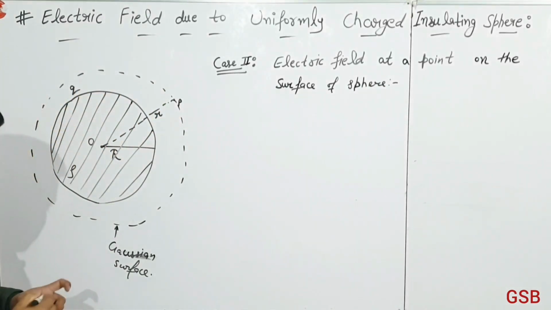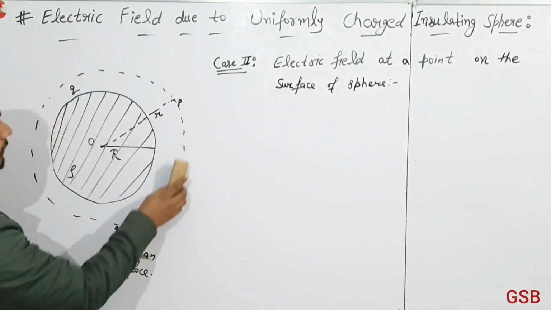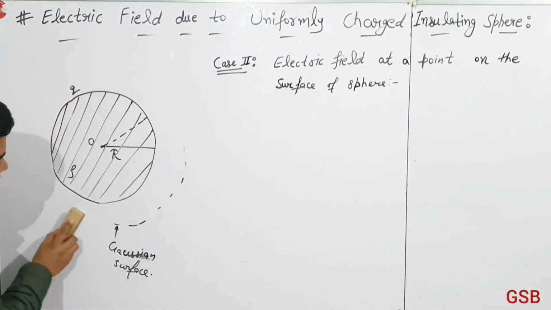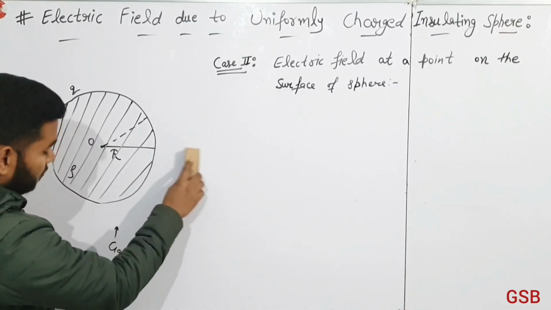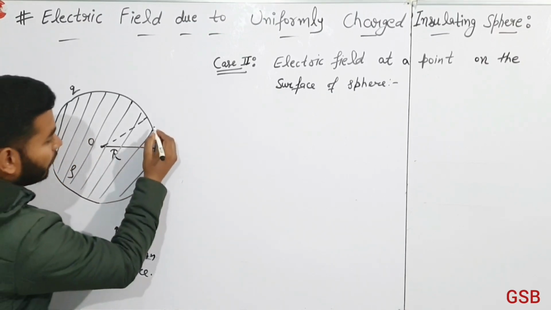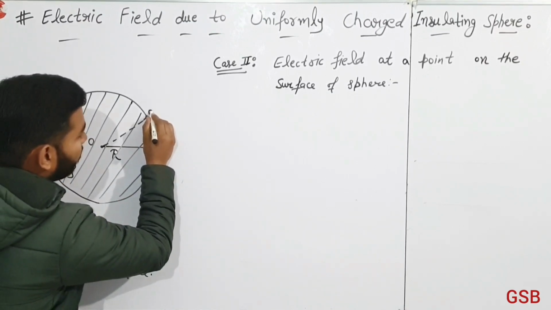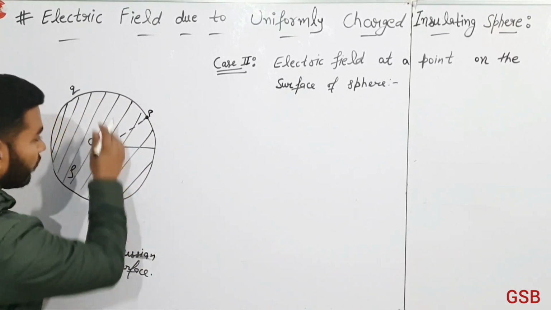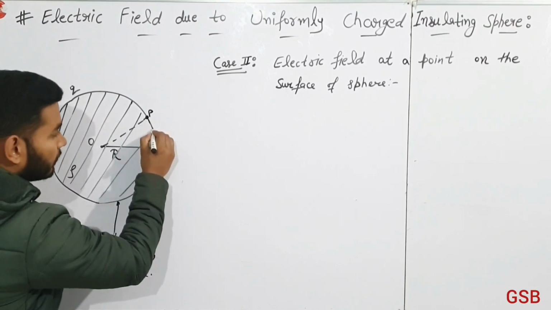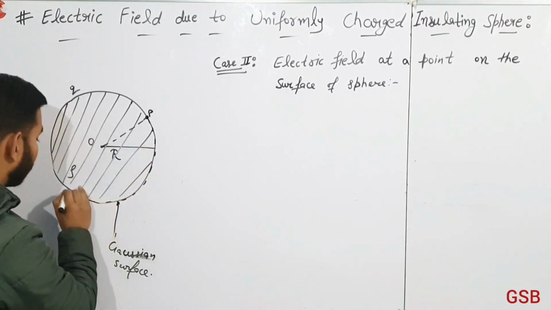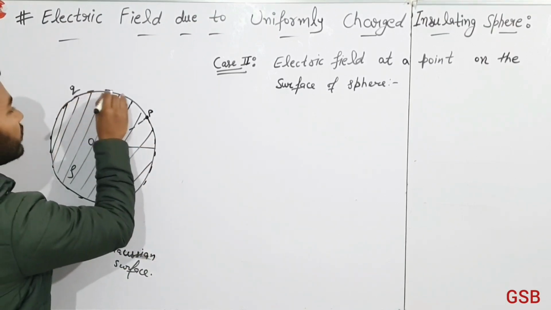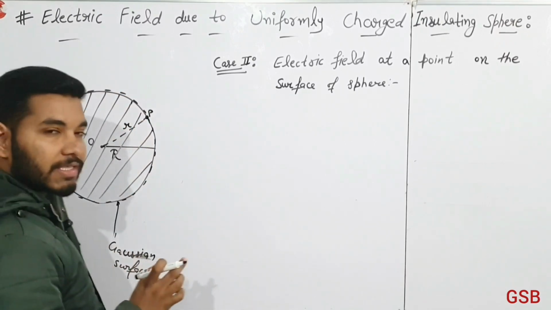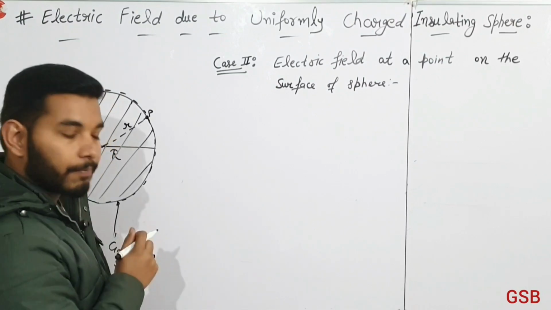Now, in this case, a point P lies on the Gaussian surface. This is point P. Gaussian surface also lies on the boundary of the given sphere. This is the Gaussian surface, just above the surface of the given sphere. This is the r, small r, the distance between the center of the given sphere and point P.